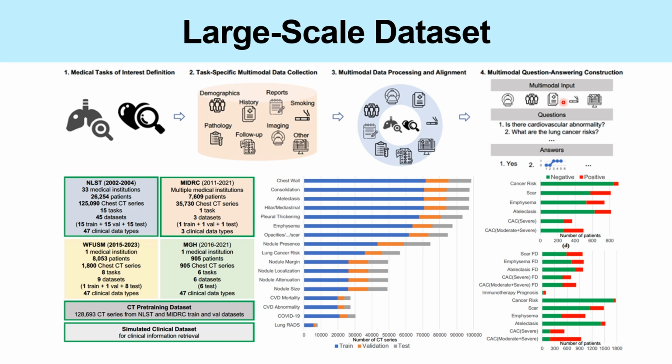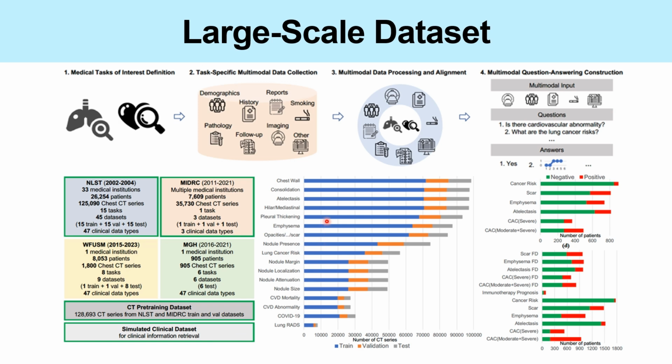So you get this data set for training the foundation model. Our data set is very big, so we get the public data set from NLST. So this is a huge data set. Also, Madrid shares a lot of CT images. And also in collaboration with Wake Forest and MGH, we have a validation data set in this domain. And we have other data sets. And we do standard network training.